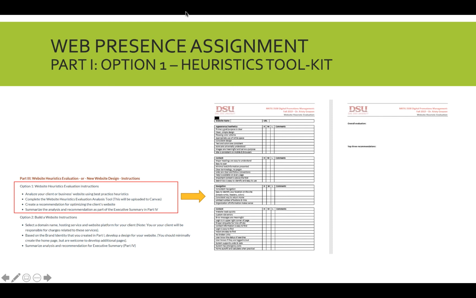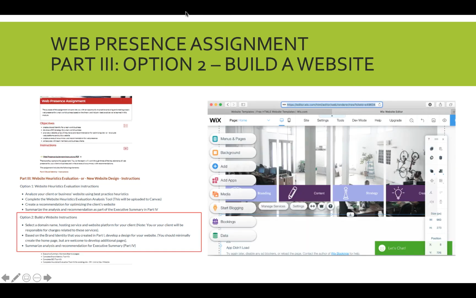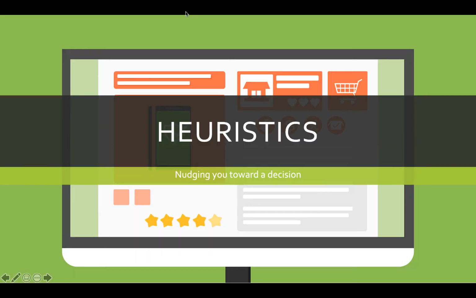You're going to be evaluating your client's website, or you're going to be designing a website based on heuristic principles. The second thing you're going to do is either build a website or evaluate a website. So I will talk about that in another video, but I want you to go out there and take a look at it before that.